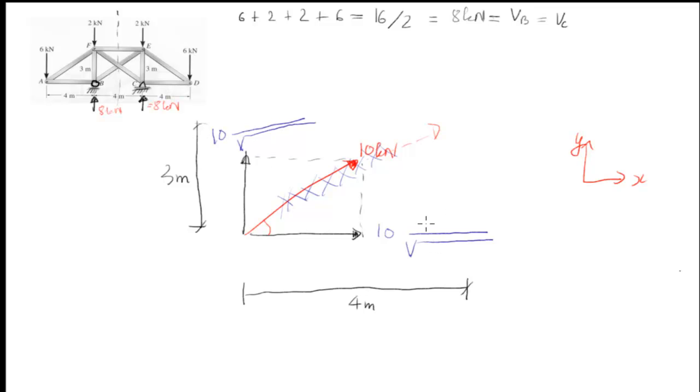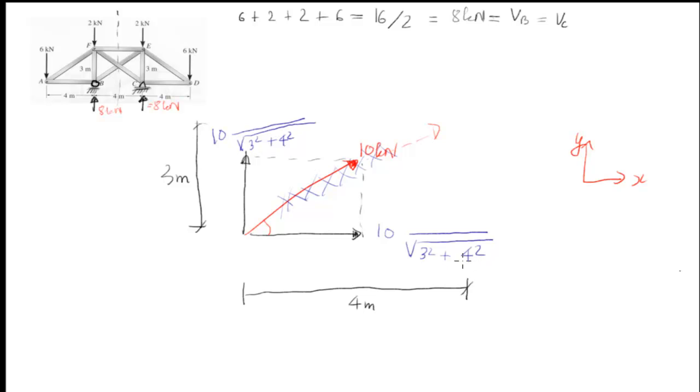Because they are in 3 and 4, I say square root of 3 square plus 4 square, and here the same, 3 square plus 4 square. So these are the common things between the 2 forces: 10, 3 square, 4 square, and square root. Same here, 10 times something over the square root of 3 square plus 4 square.